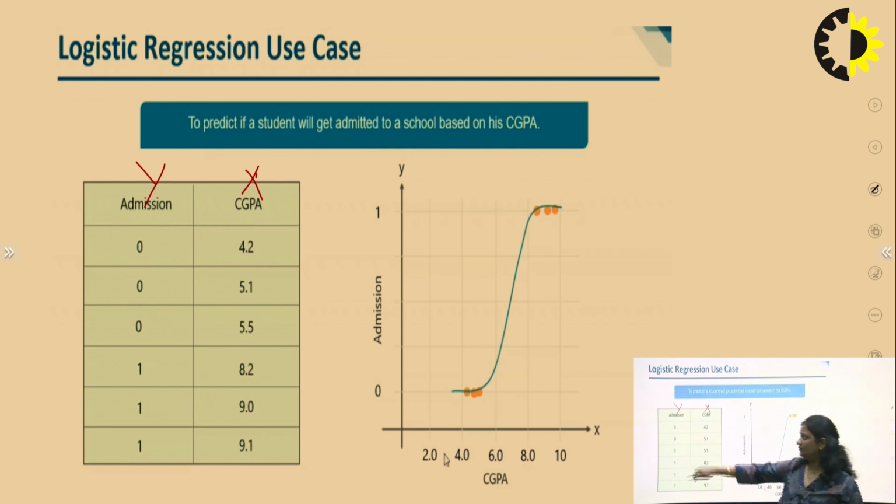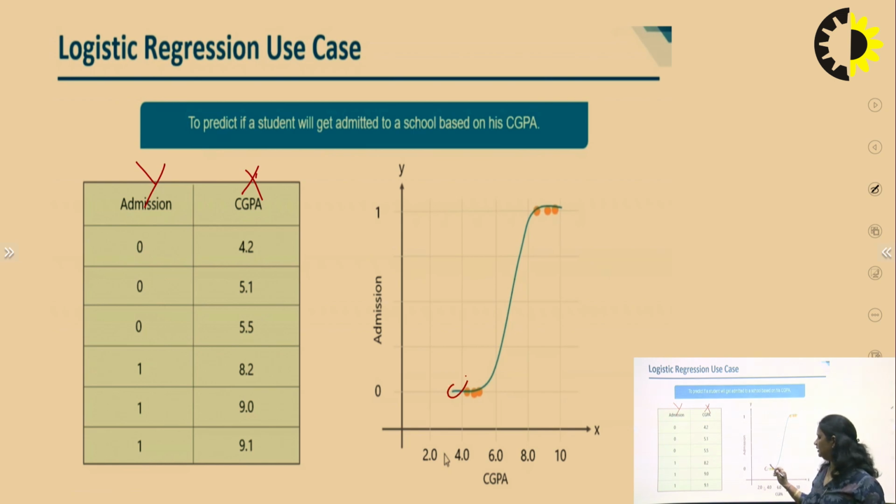So whether they will get admission or not, admission yes or no, we denote with 0 that a particular student will not get admission, and 1 denotes that a student will get admission. So there will be two values, admission yes or no, a student will get admission or not.